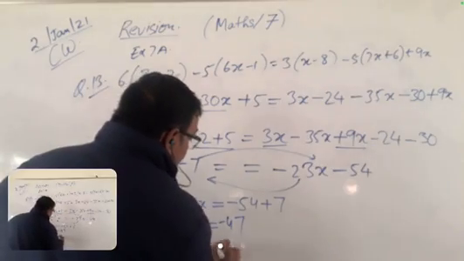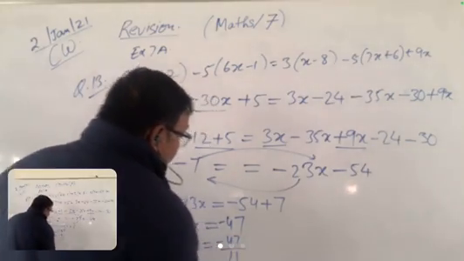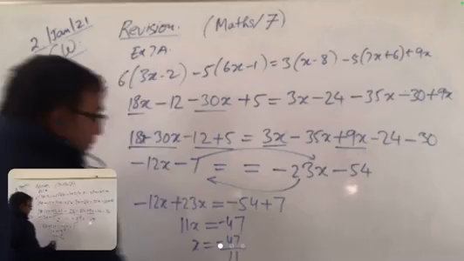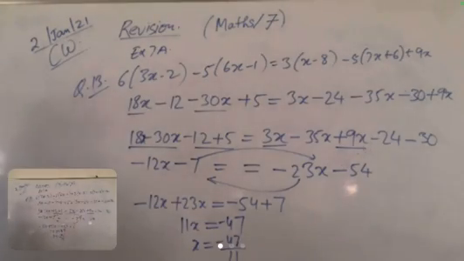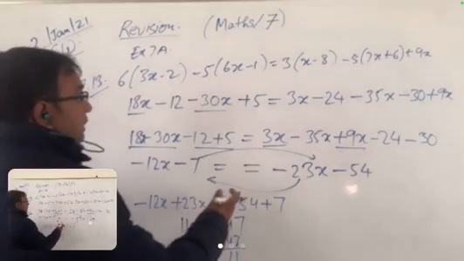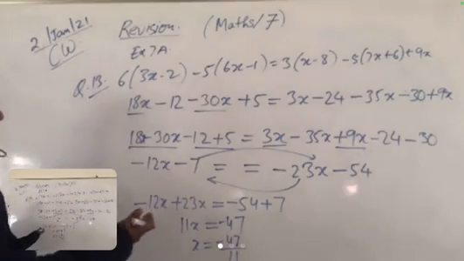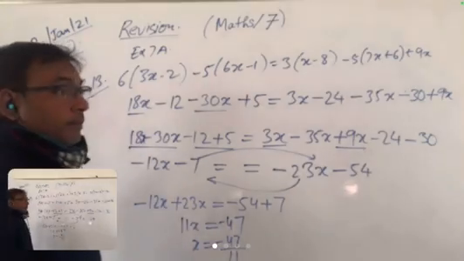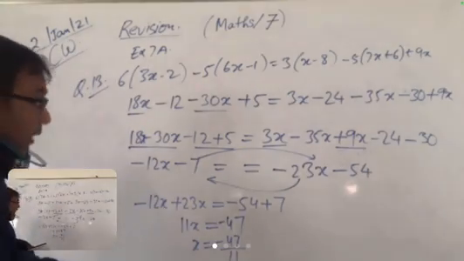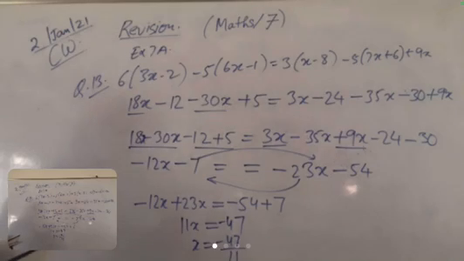So x is equal to minus 47 upon 11. Now you check the calculation. I think the answer is right.